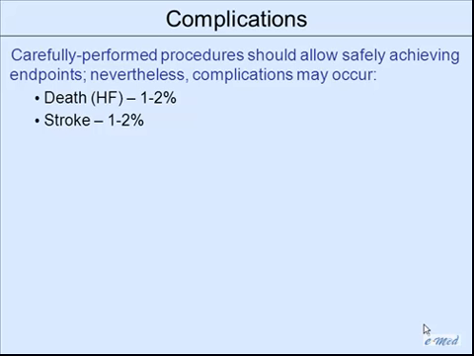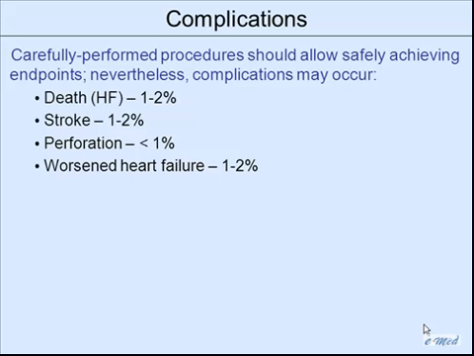Now, what about safety? Death, especially from heart failure, is not very common, but it happens. I've lost a couple of people in my years with this, not very expectedly. Stroke is uncommon, perhaps because of our imaging prior to the procedure and avoiding the endocardium in patients with thrombus. Perforation is quite uncommon in these cases.